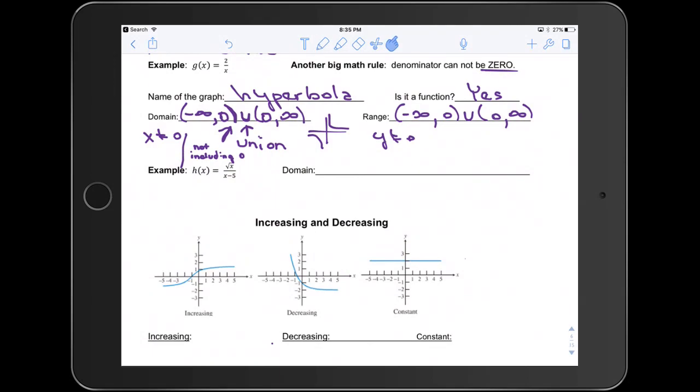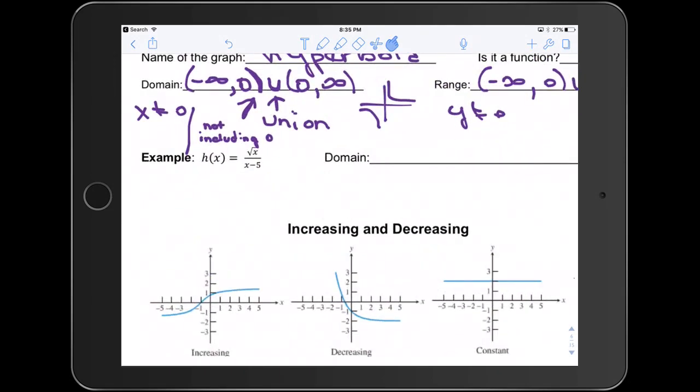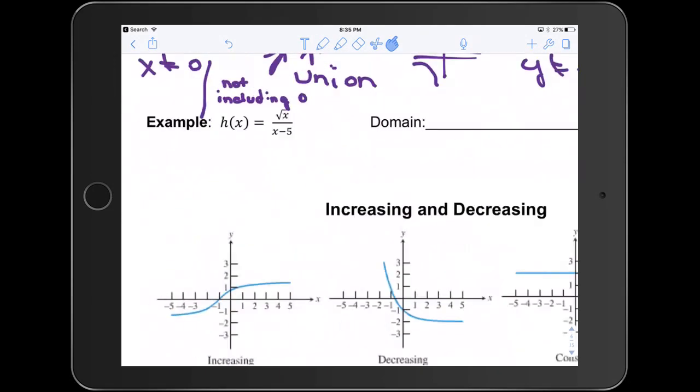Okay. Now we have an interesting one here. Let me just erase that for a minute. This one is a mix of a little bit of everything. The first thing I'm going to say is you can see that x cannot equal 5, because if x equals 5, you're going to end up with 0 in the denominator, and that's your big rule number 2, right?